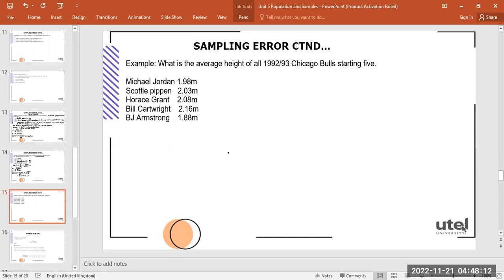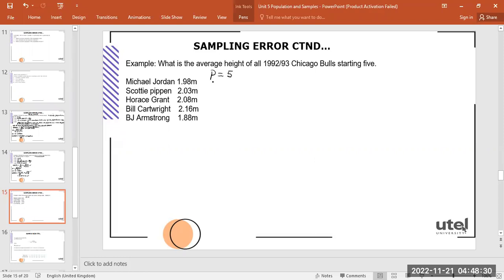So the heights of the Chicago Bulls starting 5 are given. In this case, our population of interest is only the starting 5 players, so our population of interest N is equal to 5.